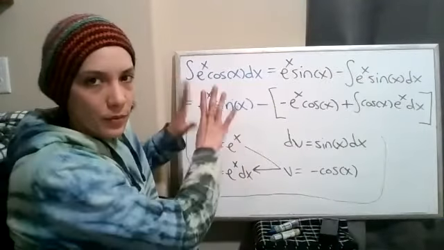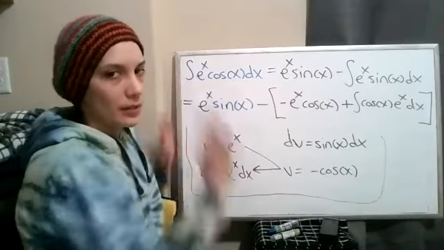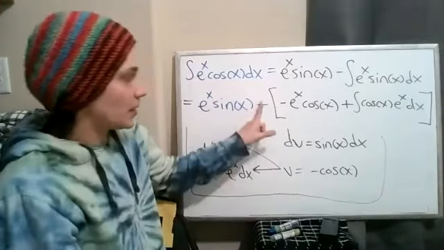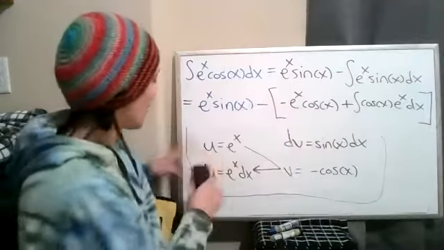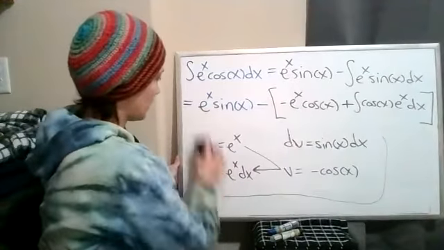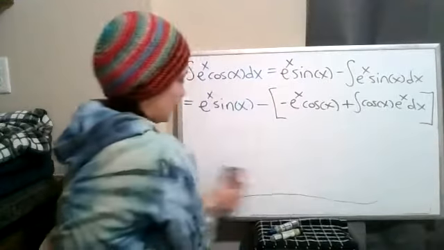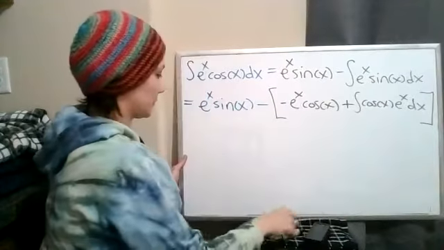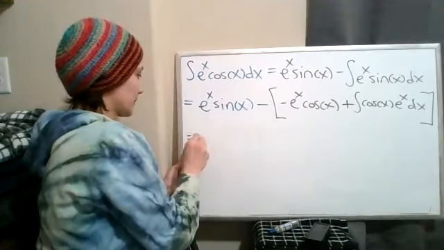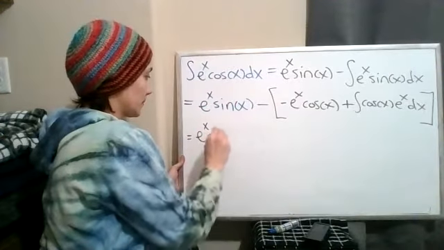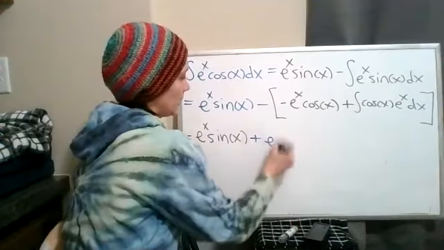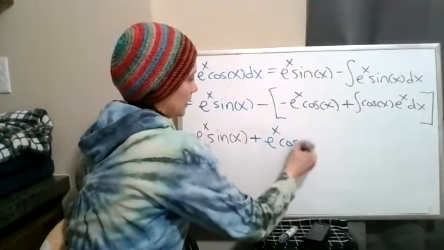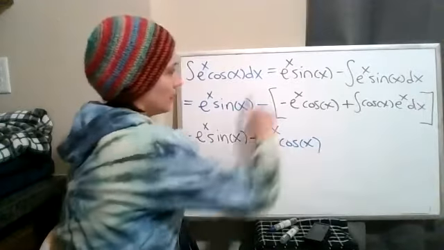So we'll do that part where I wanted to rewrite everything after taking care of the negative sign. So distribute that and get a positive. Let's go plus e to the x cosine of x minus.